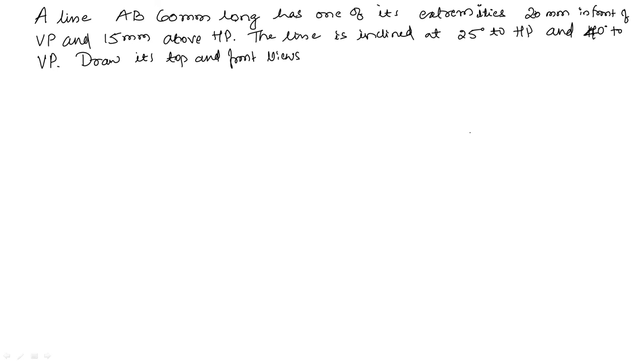Now they have given a line AB 60 mm long. One of its extremities, extremities meaning end points, is 20 mm in front of VP and 15 mm above HP.